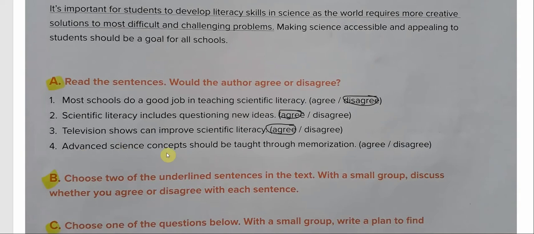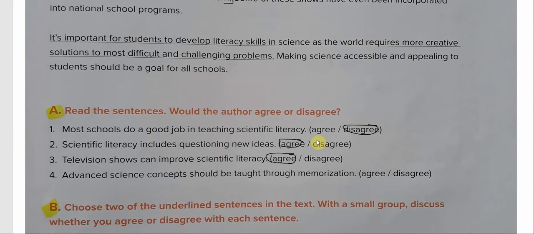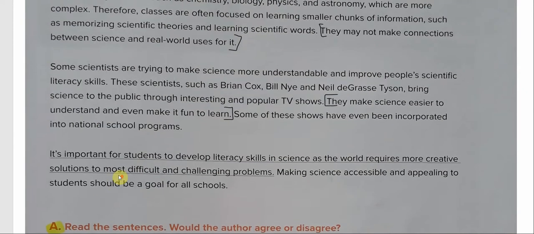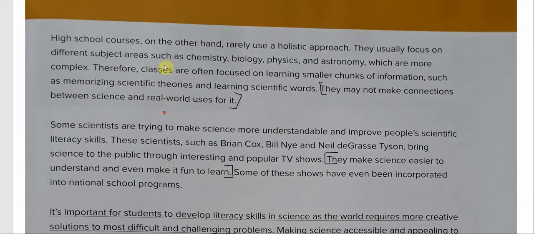Number 4, advanced science concepts should be taught through memorization. All right, so let's go to here. Such as memorizing scientific theories or learning scientific words. They may not make connections.